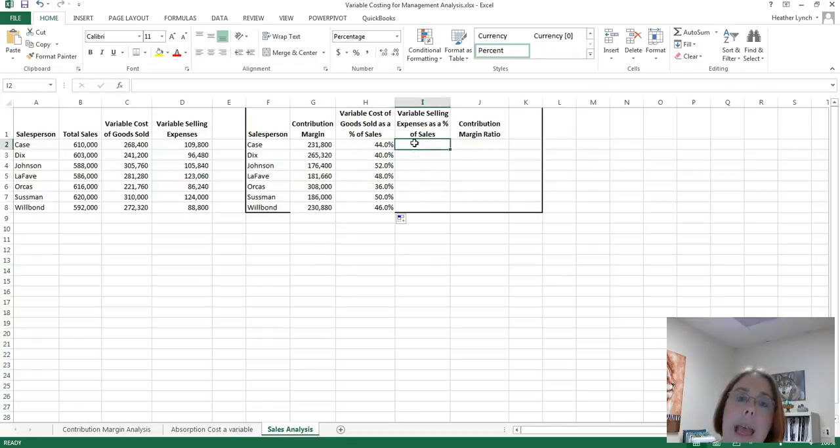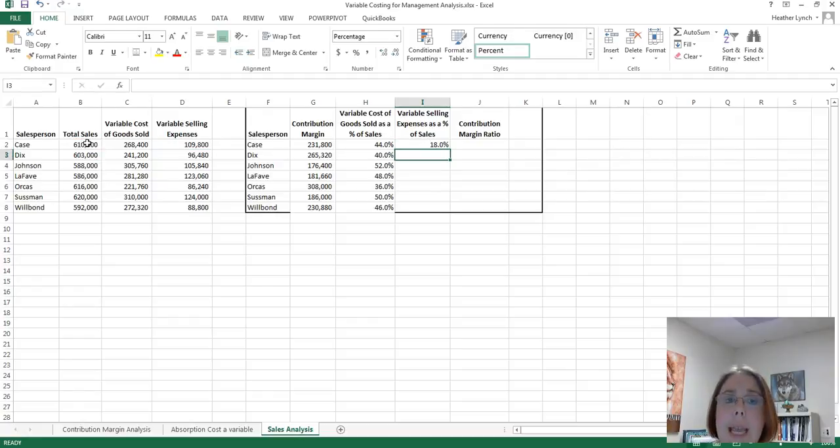So then we have each percentage. Now we want to look at their variable selling expenses as a percentage of sales. Similar to what we did with cost of goods sold, we take the variable selling expenses and divide that by the total sales, and it puts it in a percentage.